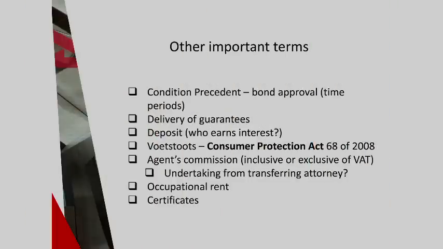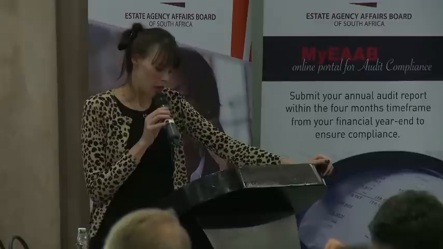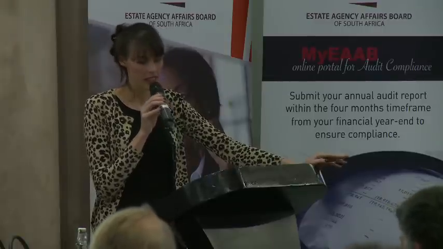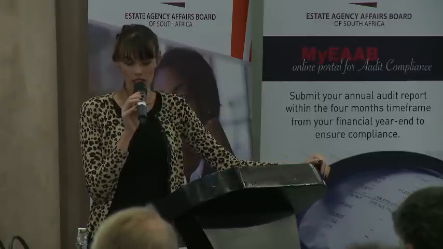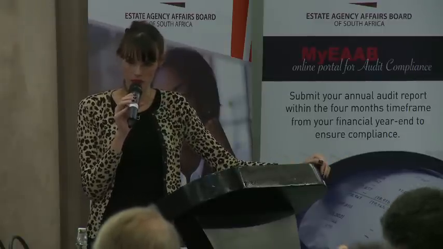What about undertakings? For the holiday home, the estate agent again asked for an undertaking for the agent's commission. And our firm policy is that we give undertakings, but they will always be conditional. They will be conditional on the fact that we have control over the funds, and they will be conditional on the fact that there will be sufficient funds to cover the agent's commission.